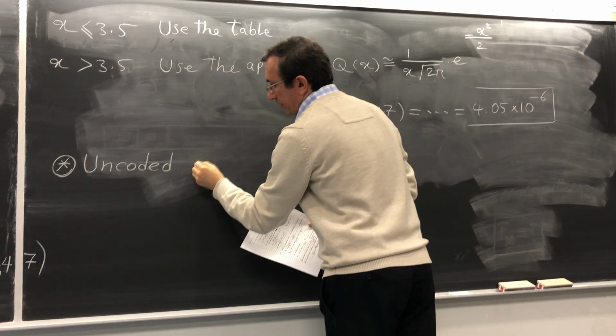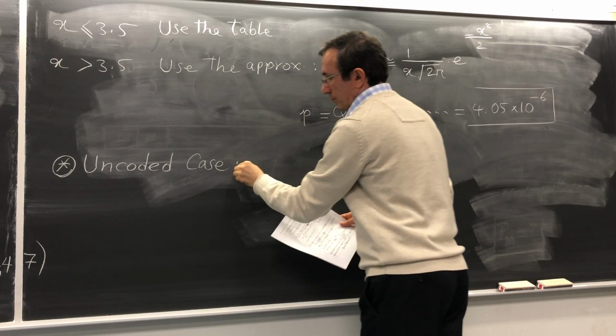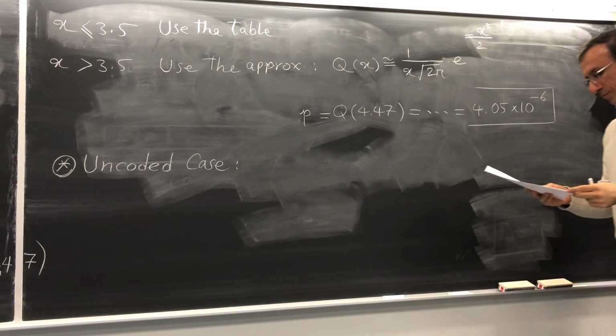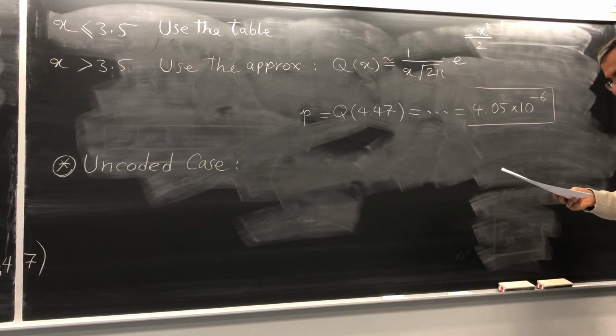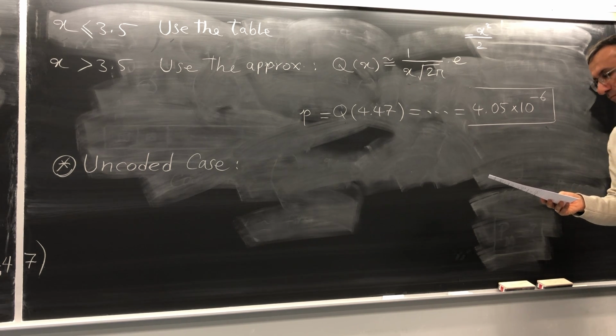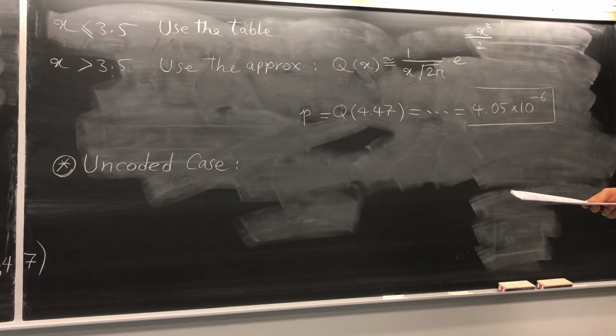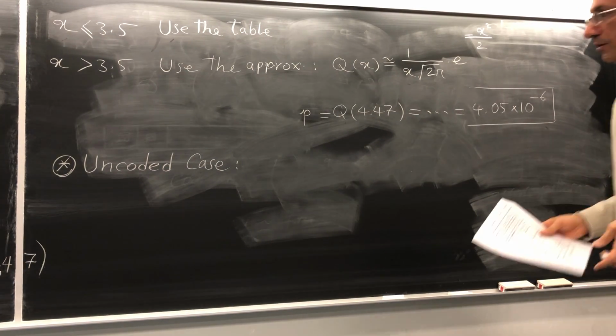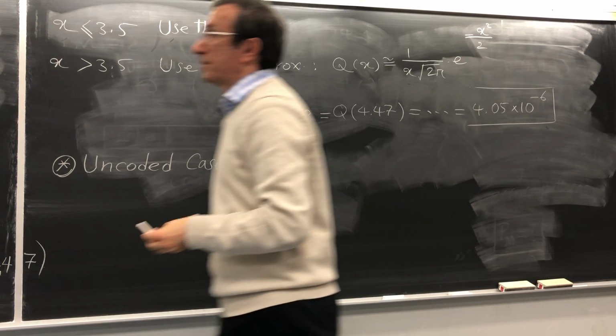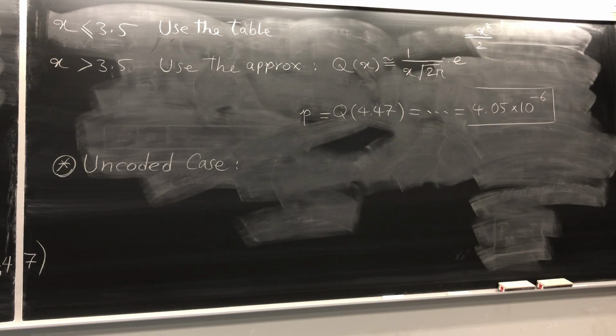So for the uncoded case, what do you think? We have how many bits? 12 bits. Yeah.